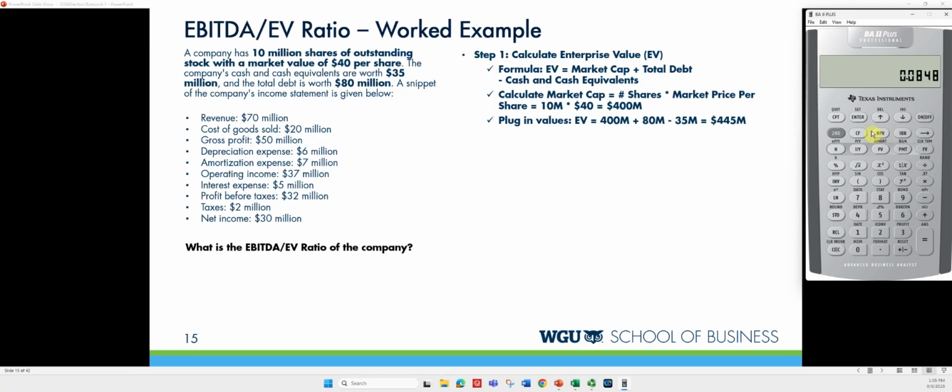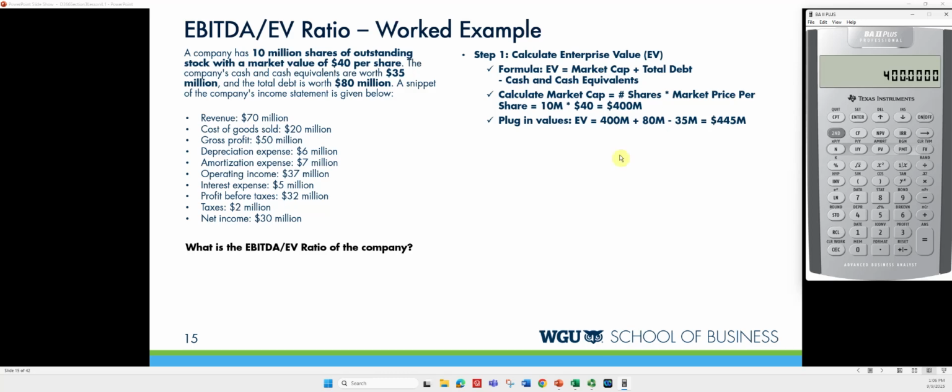So the first thing we're going to do is calculate our market cap. Everything is stated here in millions, so we can just type in 10. Everything's at common scale. So 10 times $40 a share gives us a market cap value of 400 million.